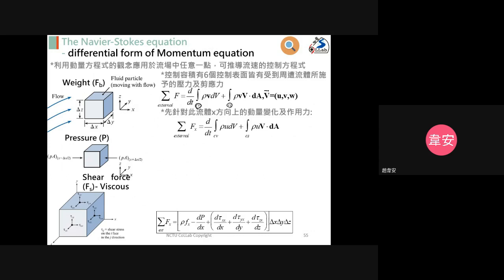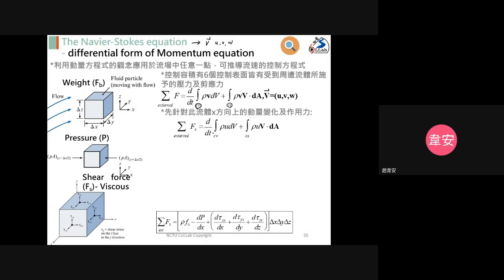So our target is the velocity field vector. I can directly tell you that the differential form of the momentum equation can be used to determine the velocity field vectors. We usually call that the Navier-Stokes equations. By applying the Navier-Stokes equations, we can know the velocity field u, v, w.